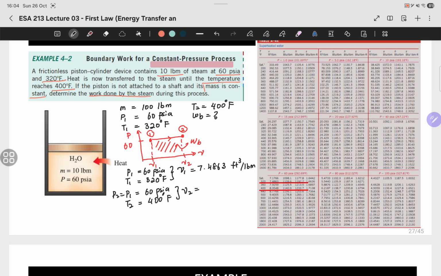From the table, we have V2 equal to 8.3548 feet cubed per pound. So you already have V2 and V1.